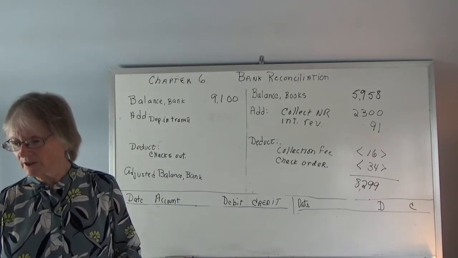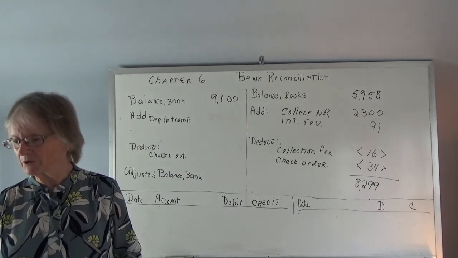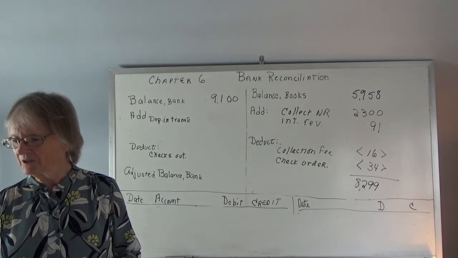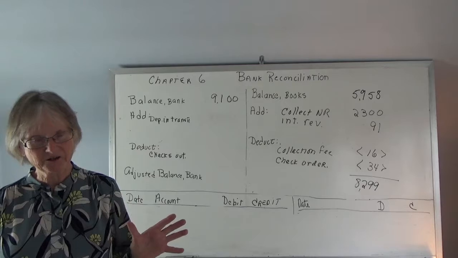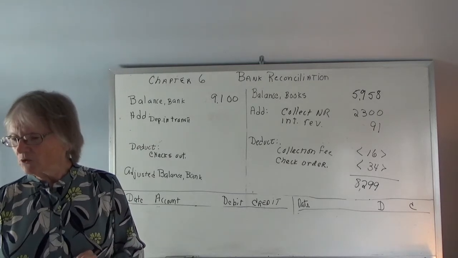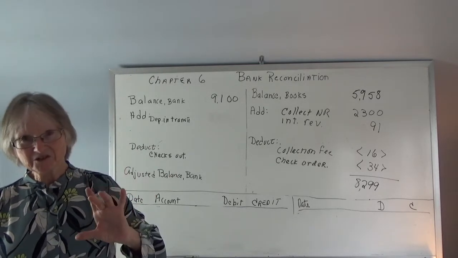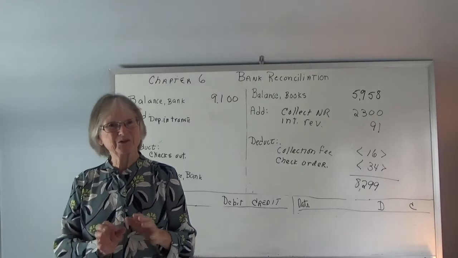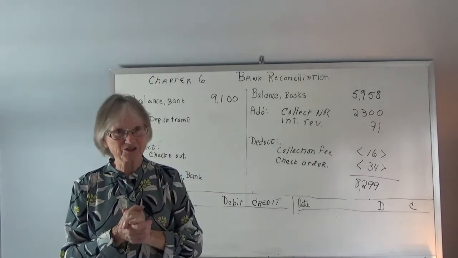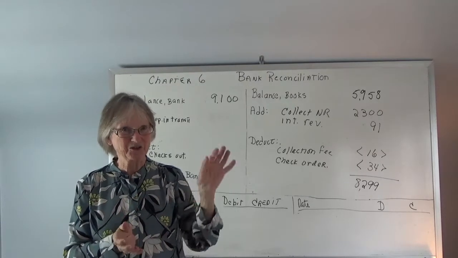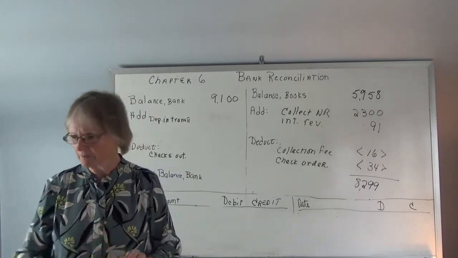If we look at the bank statement November 30th, the very first item, $842, it made it. So that's good. That's not outstanding. That takes care of comparing this month's bank statement deposits with last month's bank reconciliation to make sure that anything that we had listed as outstanding actually made it.